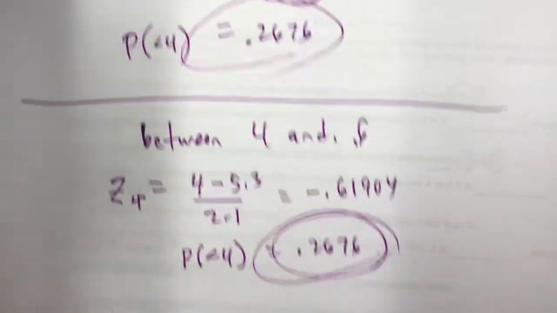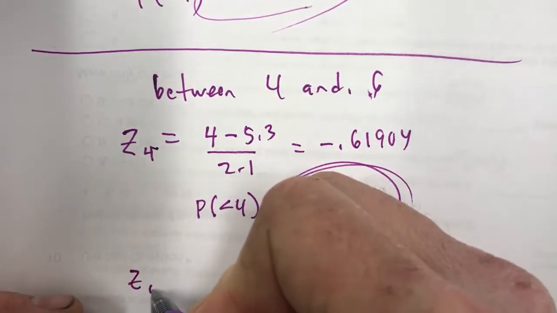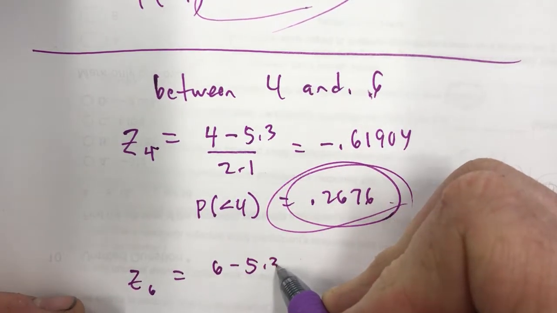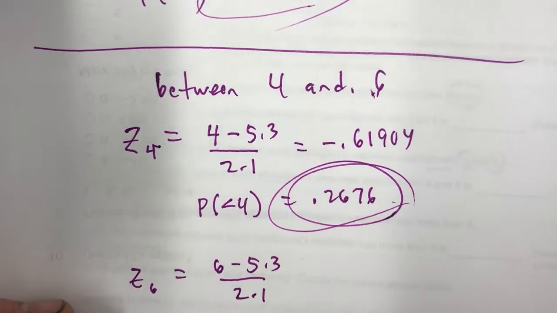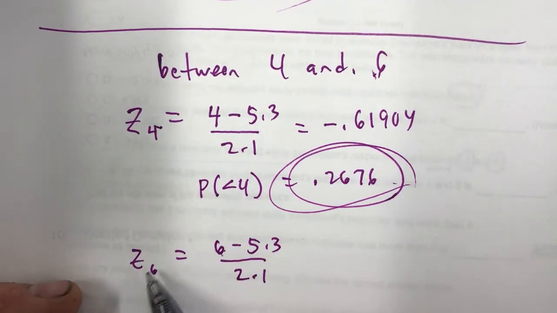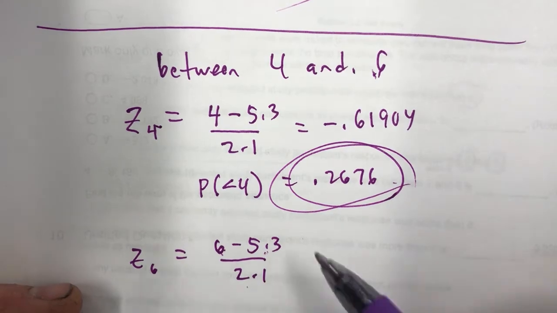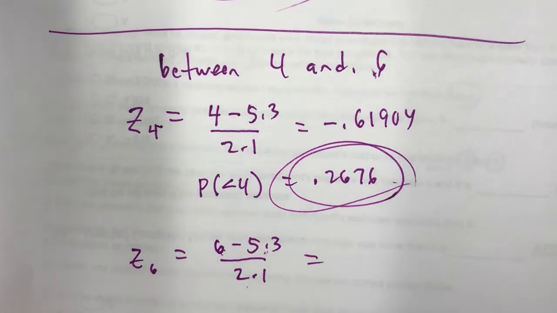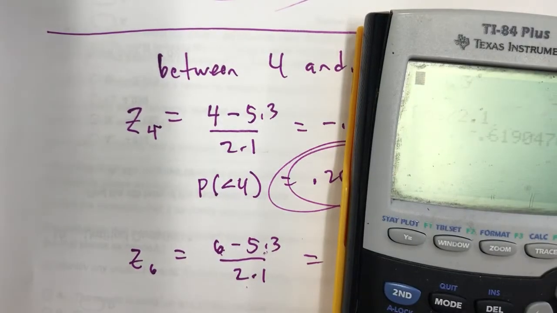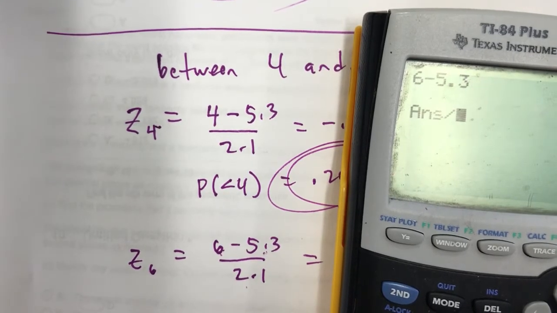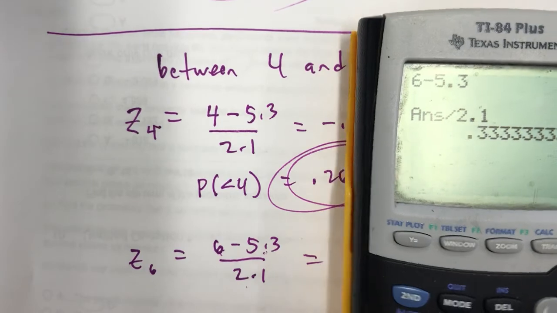Now I got to do 6. So let's find the z-score of 6. It's going to be 6 minus 5.3 divided by 2.1. So here's my x, 6 is my x. There's my mu, and there's my sigma. So now I punch that in. 6 minus 5.3 equals, divide by 2.1, and that's going to be 0.33333.